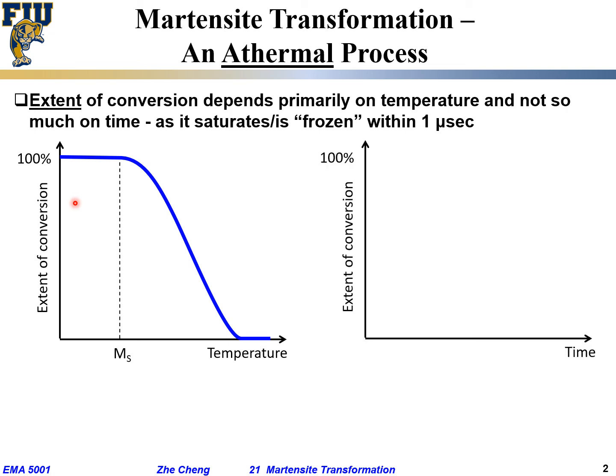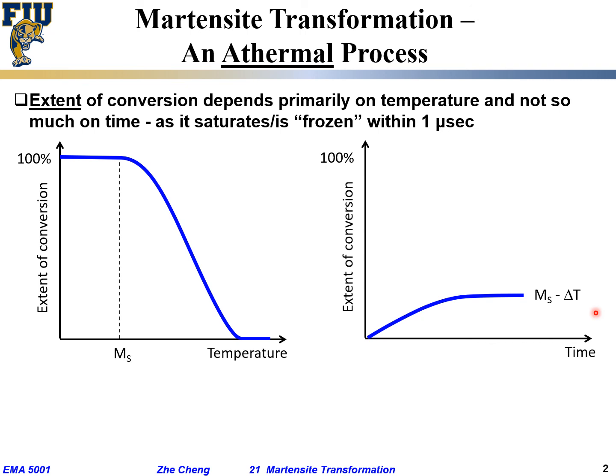On the other hand, if we plot on the right the extent of transformation versus time, we would have different curves depending on the temperature. If our temperature is relatively high, we end up with a little bit of low transformation Martensite.